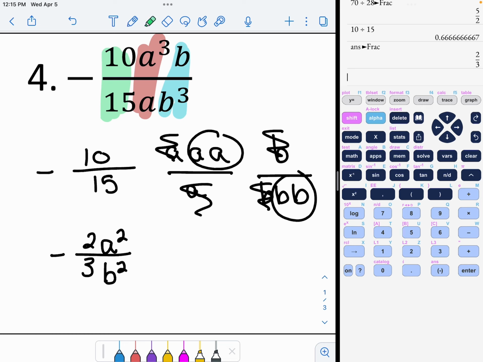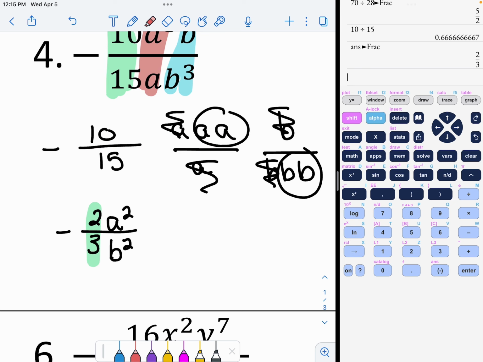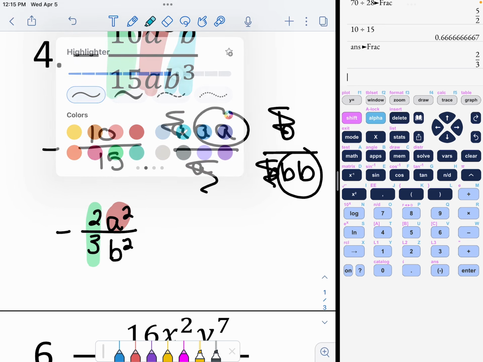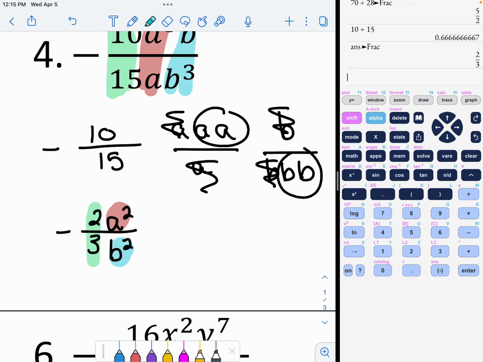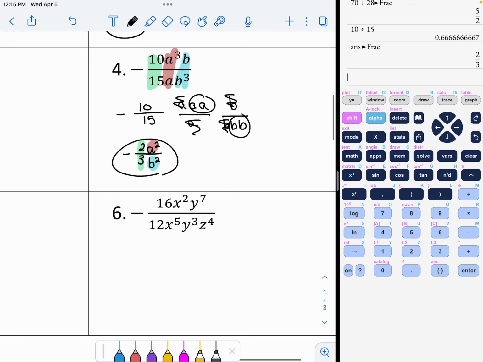So please notice that the 10 over 15 became 2/3. Please notice that the a's reduced to be a squared on the top, and the b's reduced, what color did I use? To be the b squared on the bottom. That is your final answer. We're going to leave that one as one big fraction.